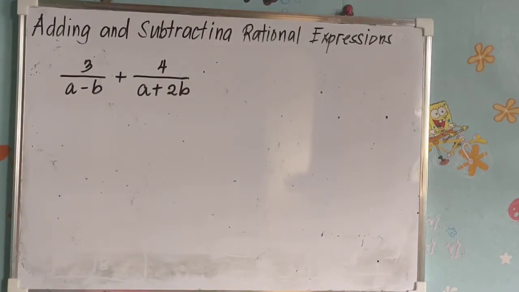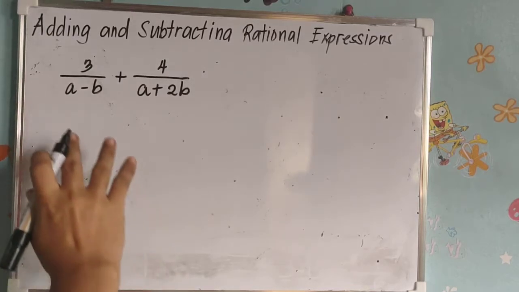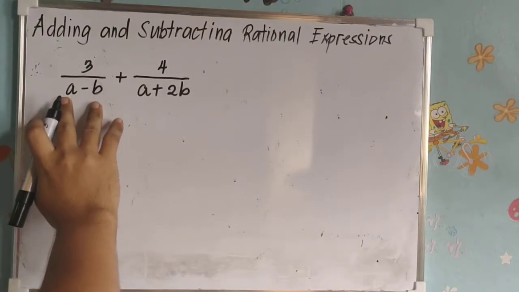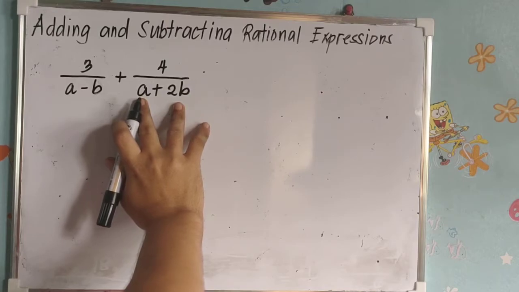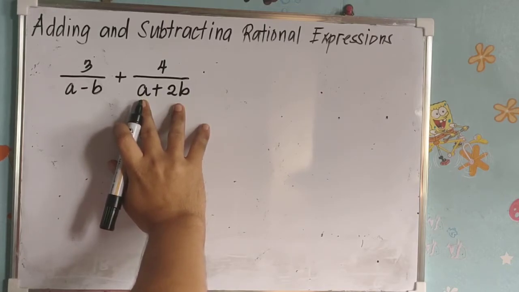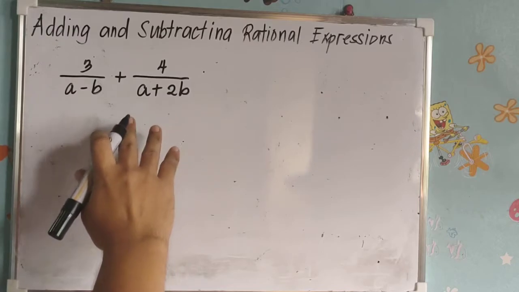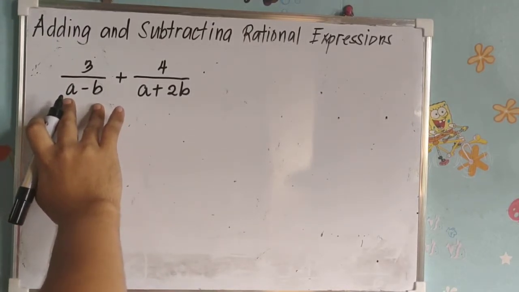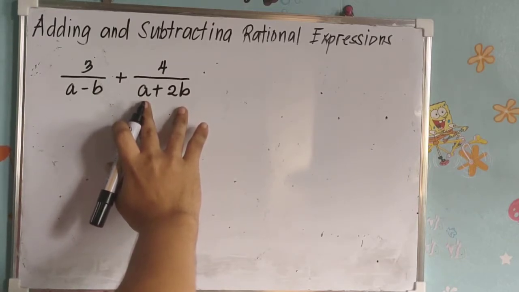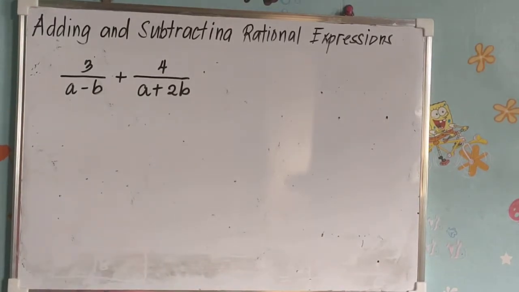Let's observe that the two rational algebraic expressions are dissimilar, meaning they do have different denominators. The first one here we have a minus b, and the second one here we have a plus 2b. The question now is, are the two polynomials factorable? Let's find out.